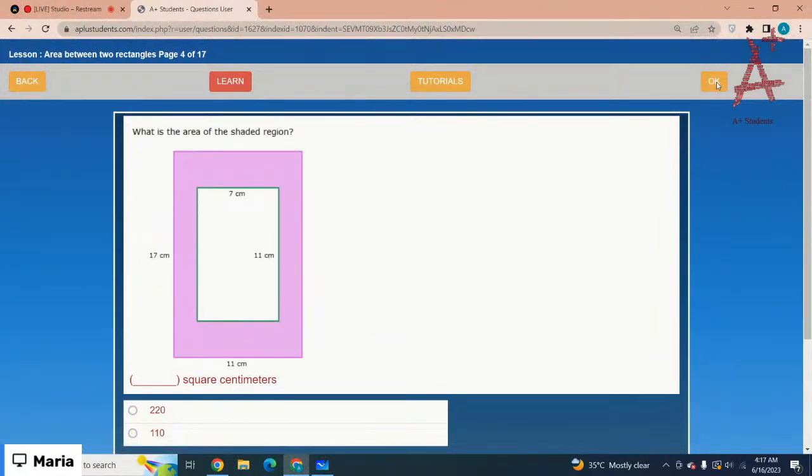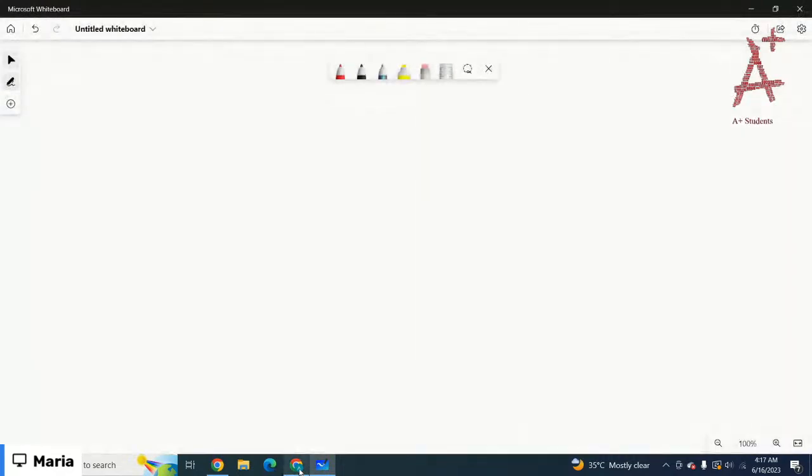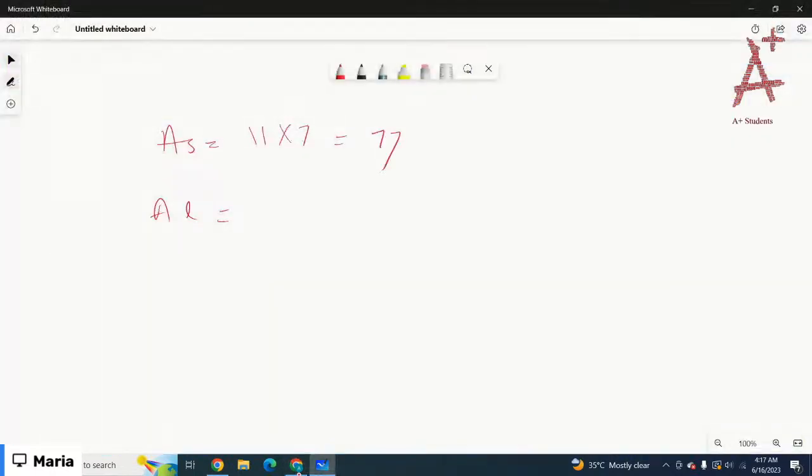Okay, what is the area of the shaded region? The area of the larger rectangle, subtract the smaller one. Got it? So the area of the smaller rectangle would be 11 times 7, that would be 77. Then the area of the larger rectangle would be 11 times 17.